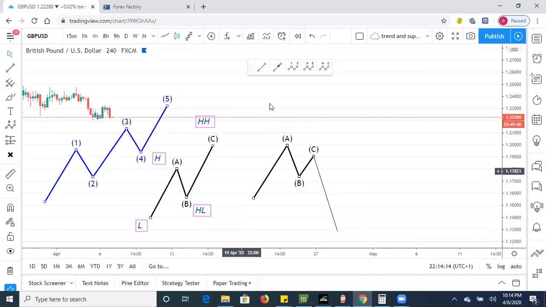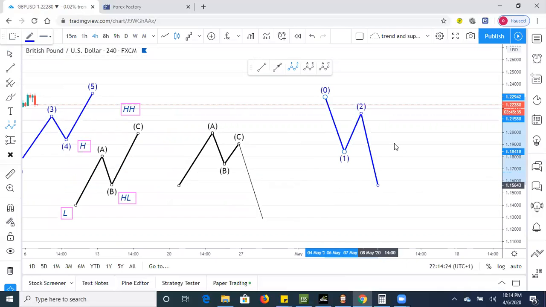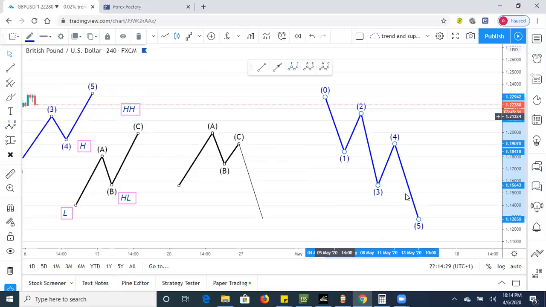Now for a downtrend, this thing is the same. So you start off from that point: correction, impulse, correction. This is a downtrend, right? We say this is a downtrend after we get two consecutive highs and two consecutive lows, right?